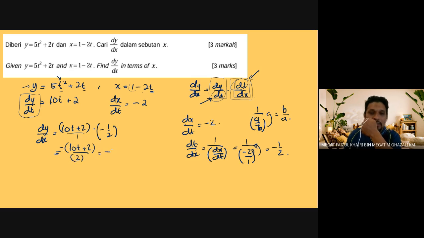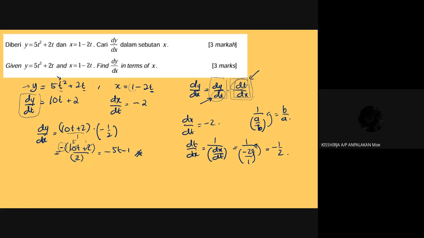So it is negative 5t plus 1, sorry, negative 5t minus 1. 10 divided by 2 equals 5, and 2 divided by 2 equals 1. So negative 5t minus 1, because we have the negative outside here. Any question from here? No, teacher, I got it. Okay.